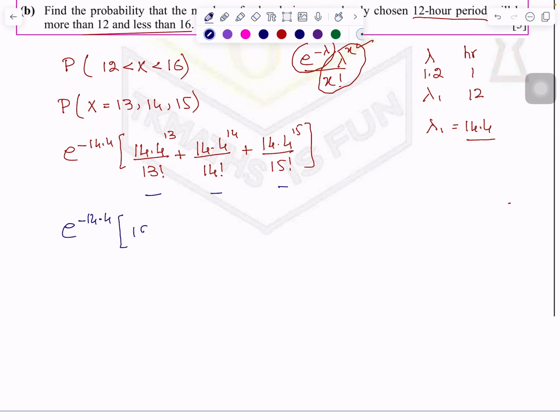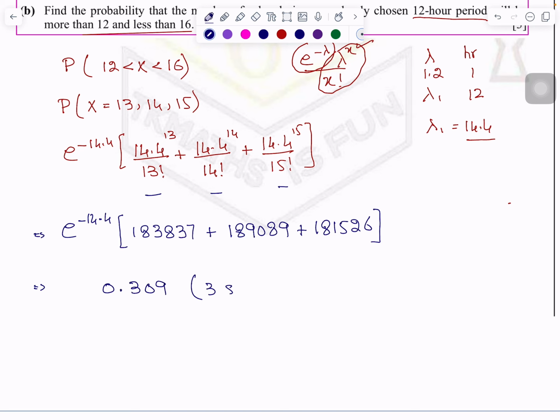So it is 183837 plus 189089. Now you can do it in one go. Now it is easy to handle, and you will write the answer in 3 significant figures. So it will be 0.309, and you can mention it.